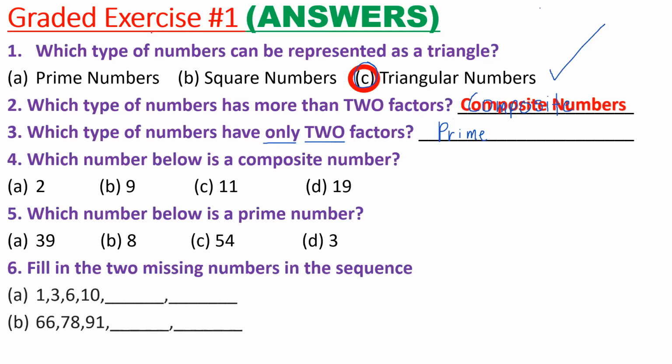C, triangular numbers, composite numbers, and prime numbers. By the way, if you get it right, please put a tick. If you got it wrong, make sure I correct it. Anyone got all 3 right so far? Very good. Very easy questions.